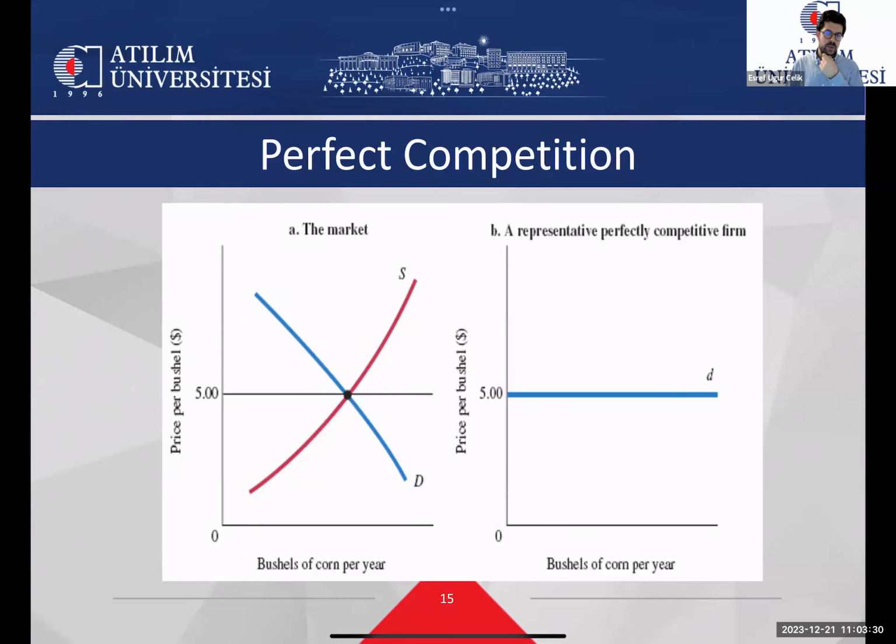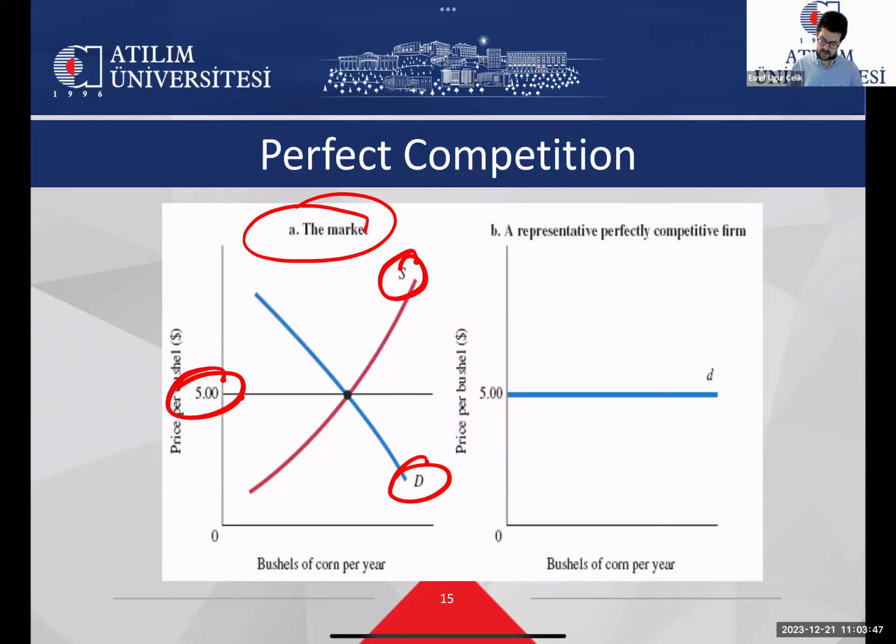I said firms are price taker. They cannot influence the price. Price come from the market, and that price come from the intersection point of supply and demand. So that price level is the price of the firms, and that's why they cannot influence the price.